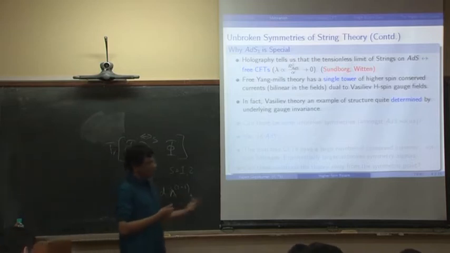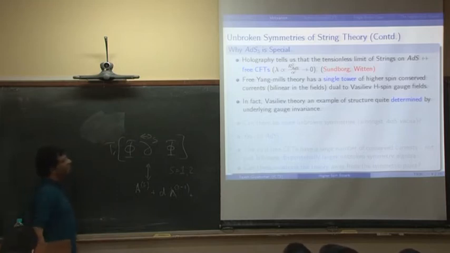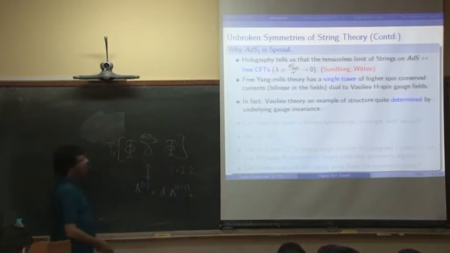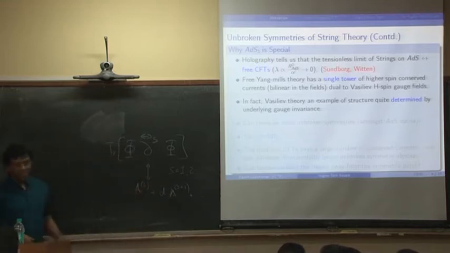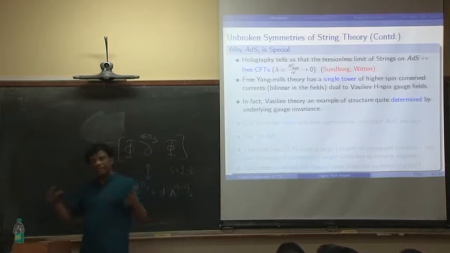And there are now many checks of that. So it seems like it's an established theory at the classical level, which is determined quite uniquely by the underlying gauge invariance. In fact, in a way more so than even, say, Einstein's theory, because Einstein's theory at the two-derivative level is completely fixed by gauge invariance.